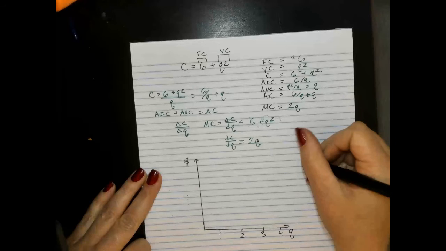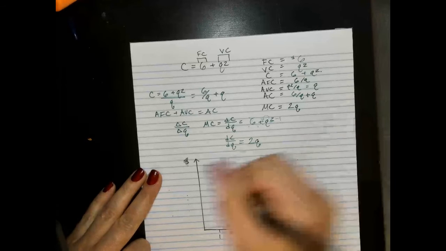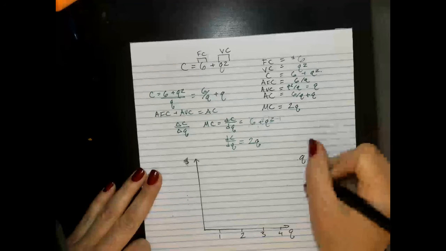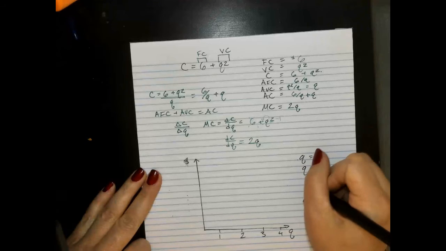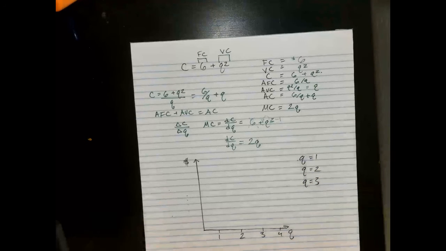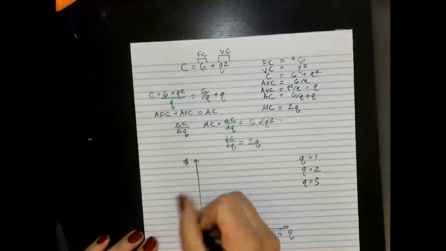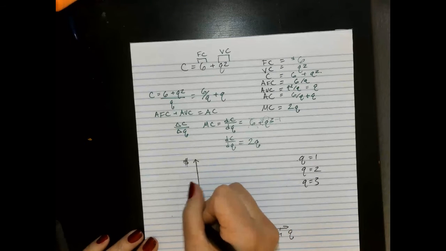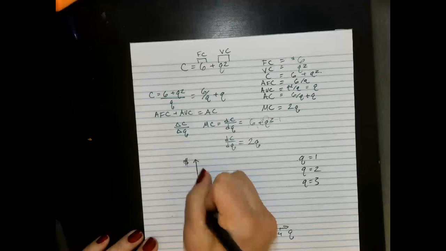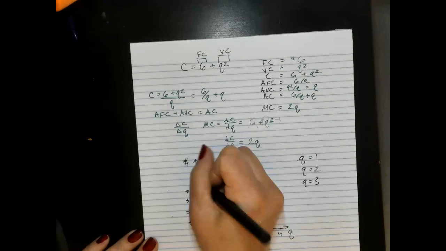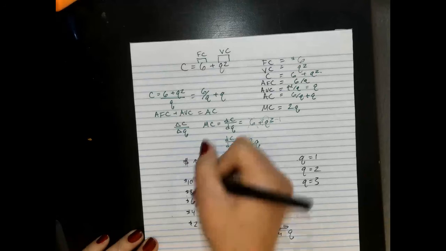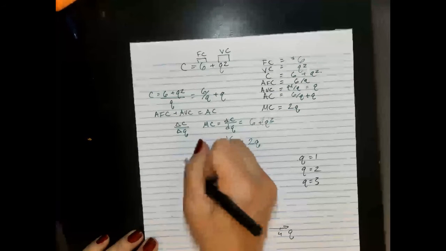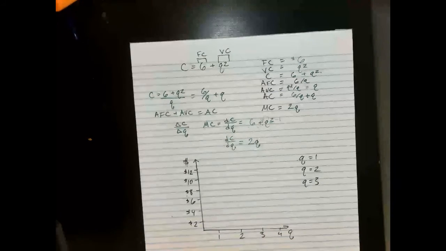And what it's asking for is average fixed costs at q equal to 1, q equal to 2, and q equal to 3, and then also average variable cost and average total cost. 2, 4, 6. The nice thing is that at least the computer problems have really nice clean graphs for you.